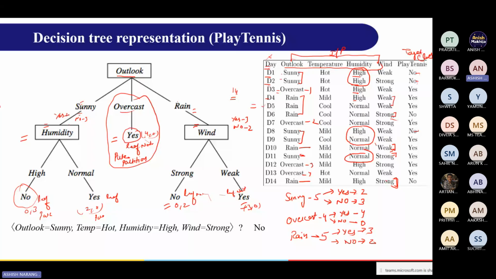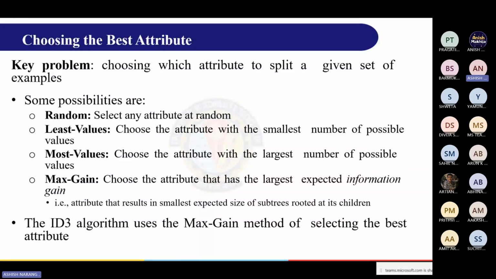Now, when it comes to choosing the best attribute, which I talked about, how do you decide which particular attribute I should go with? There are some possibilities this chart indicates. I can randomly select any attribute. I can choose those attributes which have the least values, meaning the least number of unique values.